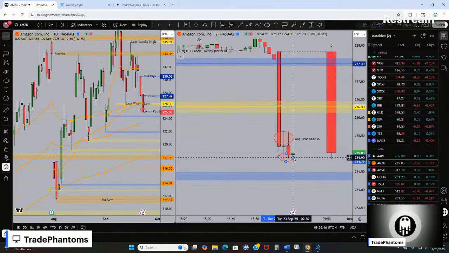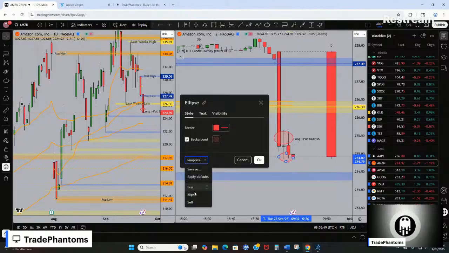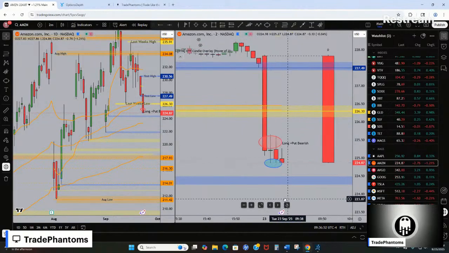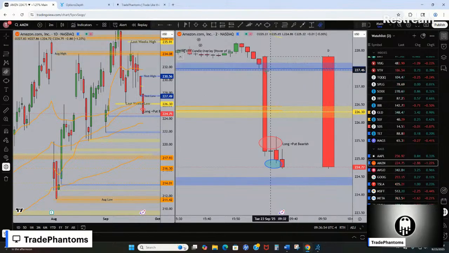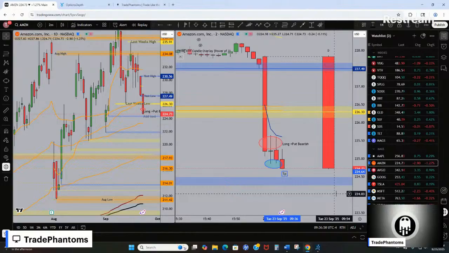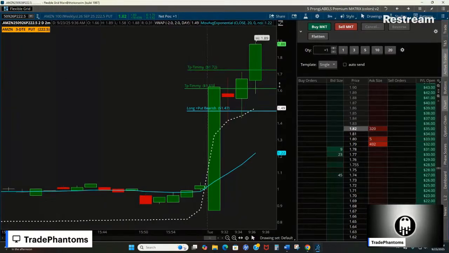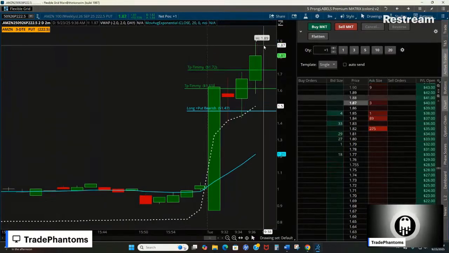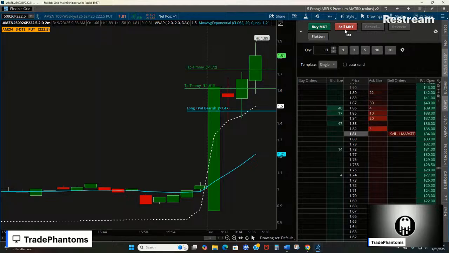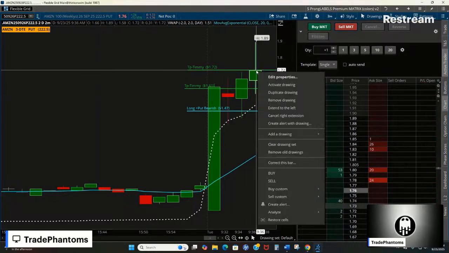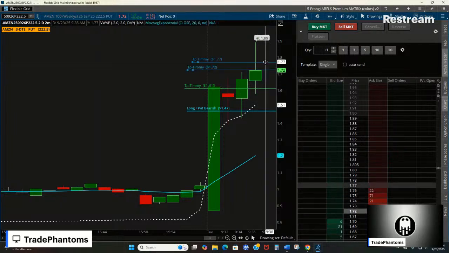Red or bearish, blues are buys, or in this particular case would be buy covers. TP, take profit, Timmy. All right, are y'all TPing? Okay.